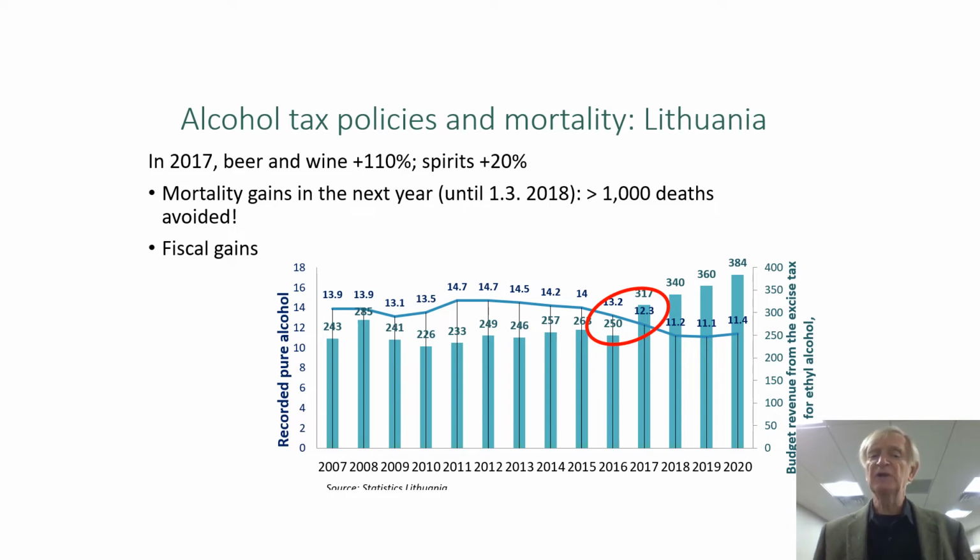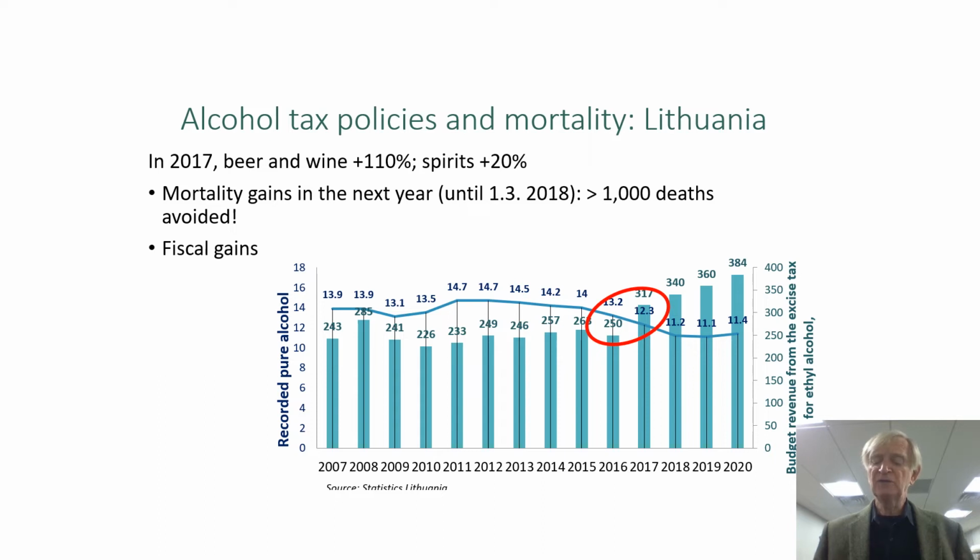Alcohol tax policies, as indicated by research recently in Lithuania, can have effects on mortality. So when you increase the price of beer and wine, in this case by over 100%, and spirits, we found decreases in alcohol-related mortality from all the diseases that alcohol causes, and increases in the amount of revenues that are collected that can go into the public treasury.